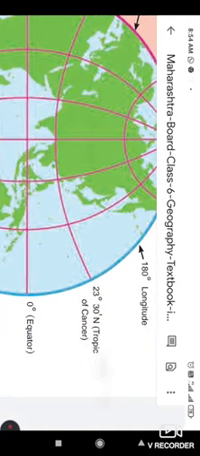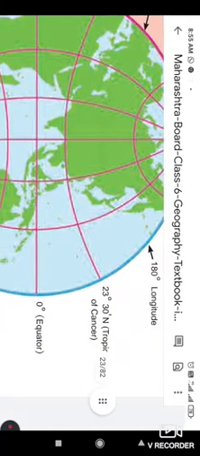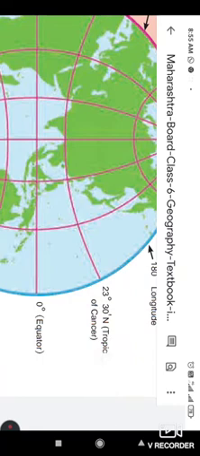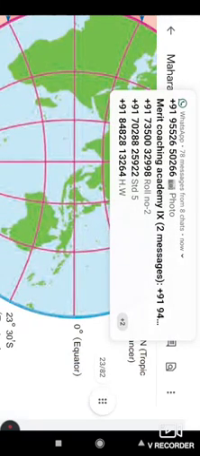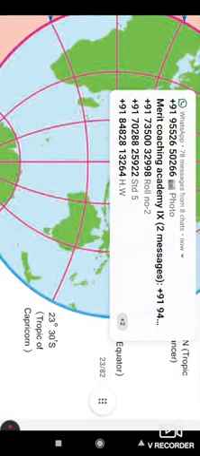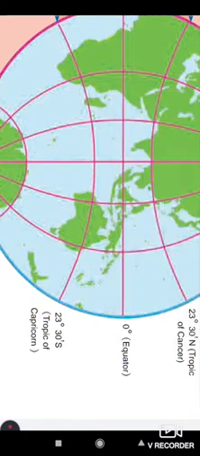Here we have Tropic of Cancer at the 23 degree 30 minutes north, and Tropic of Capricorn at the 23 degree 30 minutes south of the equator.